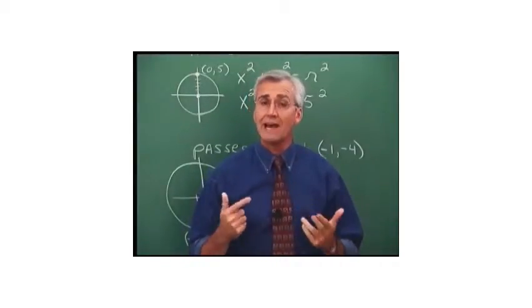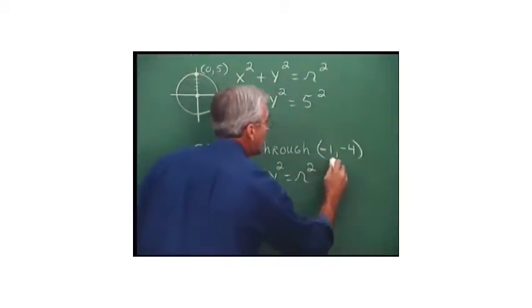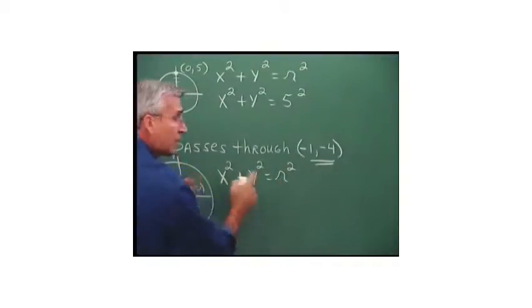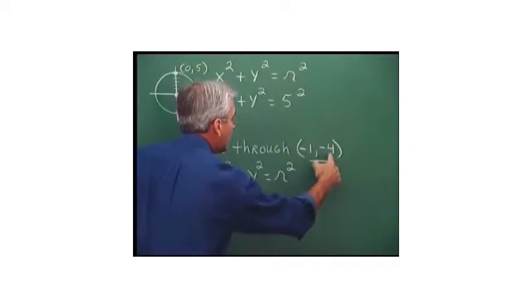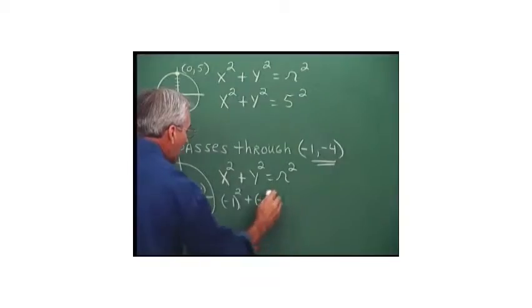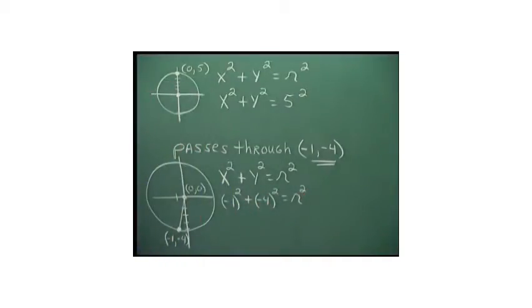So we could use the information about this point being on the circle to generate information about the radius. Here's what I mean. We have a point on the circle, (-1, -4). So we replace x with -1 and y with -4, and we can actually solve this equation for r.